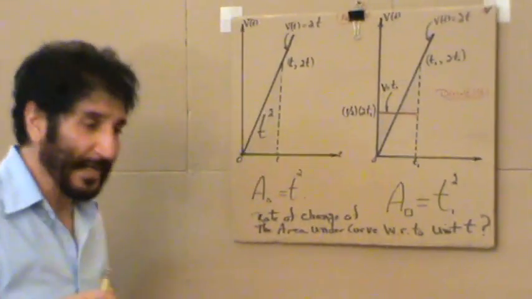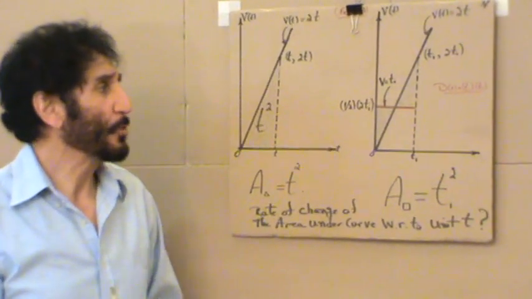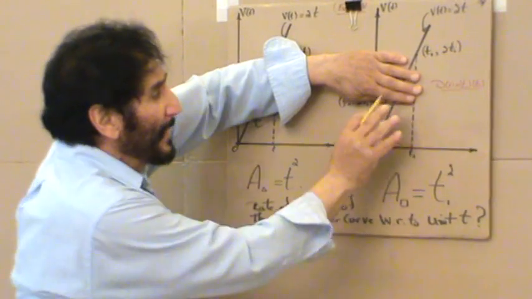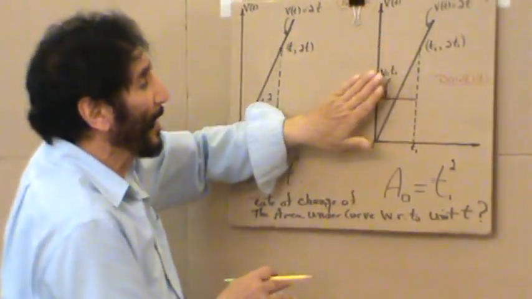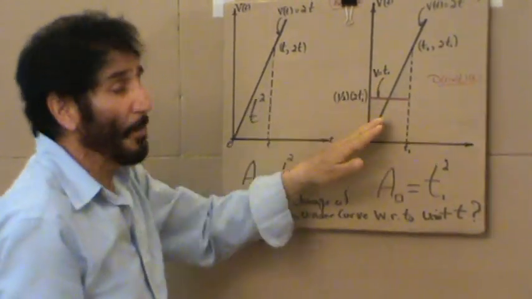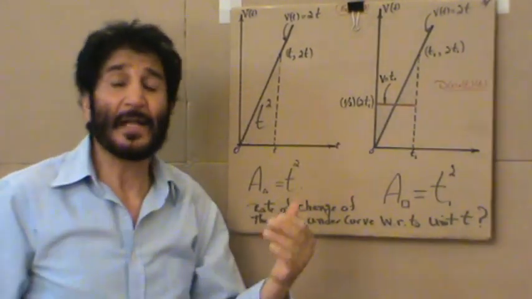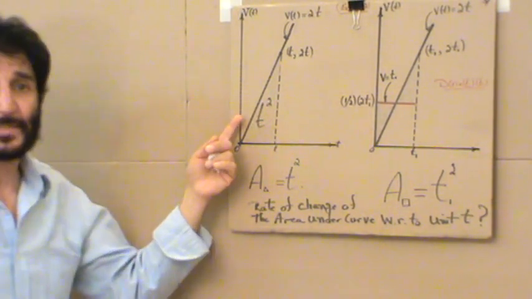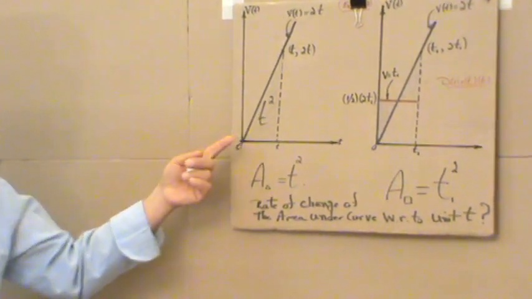The proof is very elementary, so I'm not going through it, you can see it for yourself. So whatever the area of this square is, it is the same as the area of both triangles. Since the area of the square is t squared, the area of the triangle is also t squared. Therefore we were right to say the area under that is t squared.